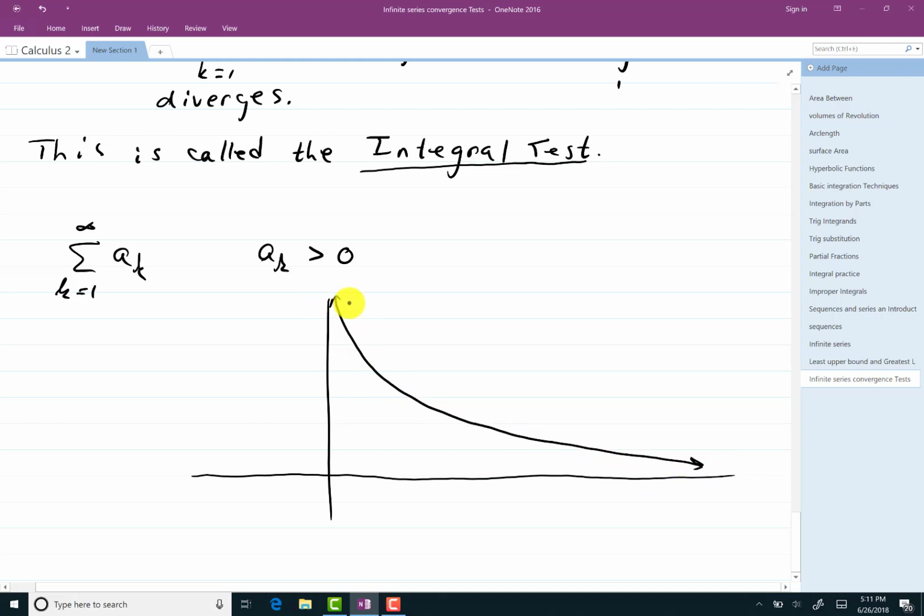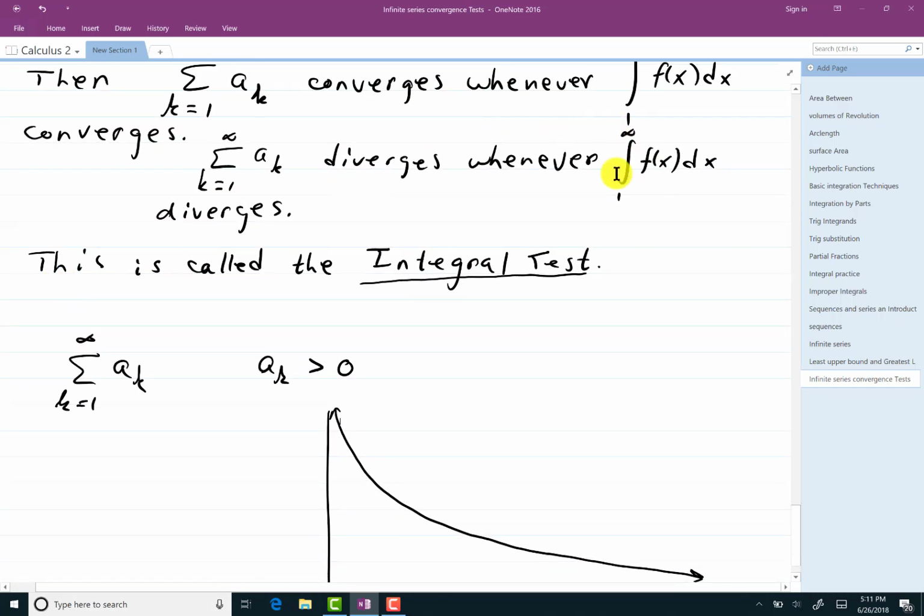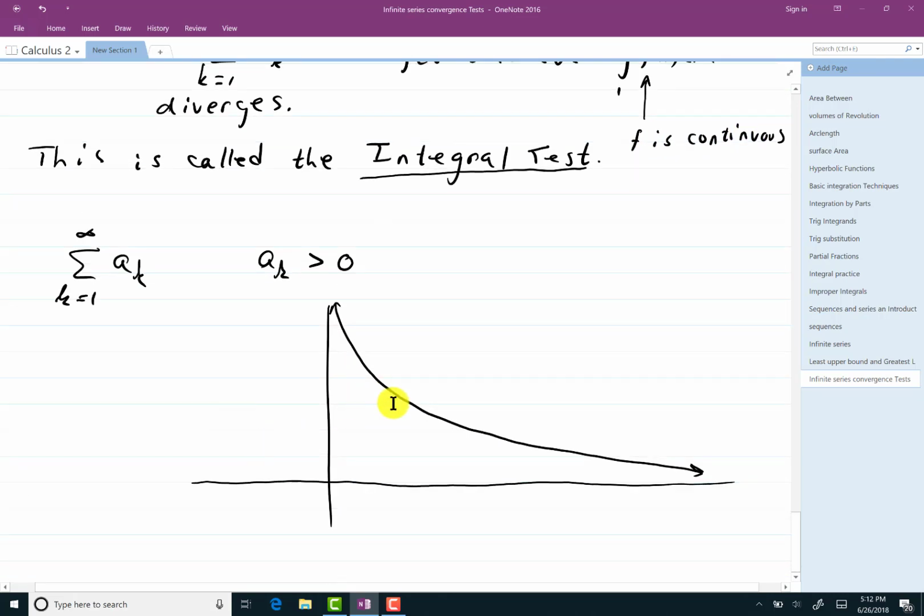I want f of x to be continuous, so let me throw in that f is continuous. Since f is continuous, there are no breaks. This is forced to go down to 0 as f of k goes down to 0. It could do weird things in between those k values, but it's forced to go to 0 because of the continuity.